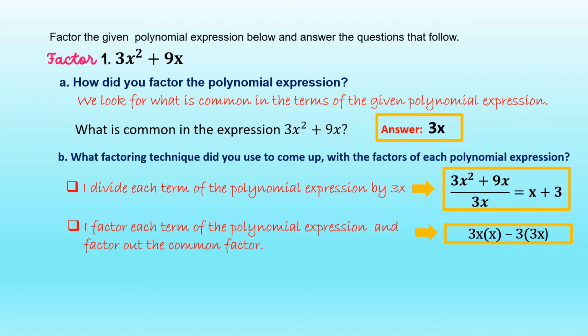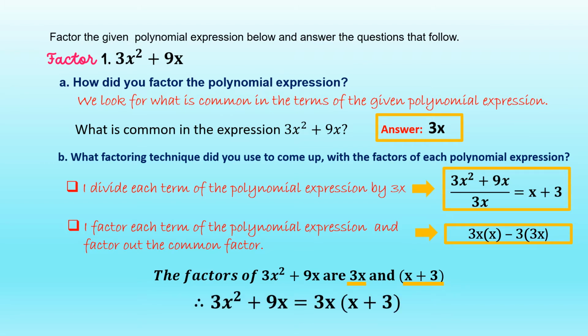So 3x times x plus 3x times 3. The factors of 3x squared plus 9x are 3x and x plus 3. Therefore, 3x squared plus 9x is equal to 3x times x plus 3.